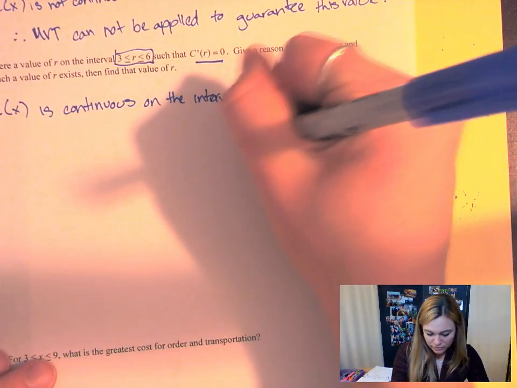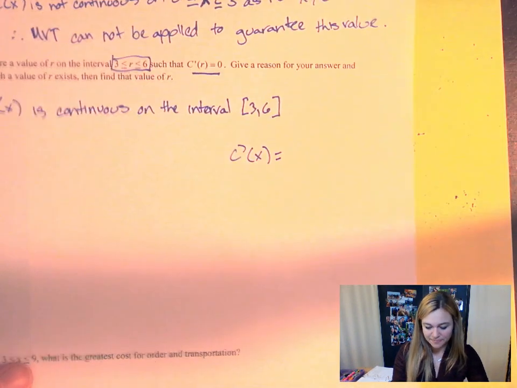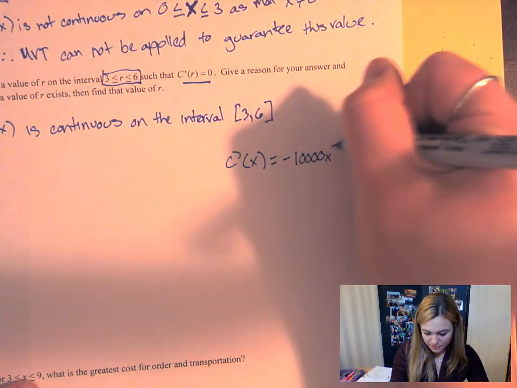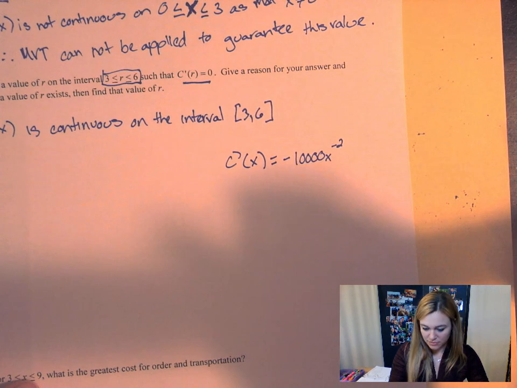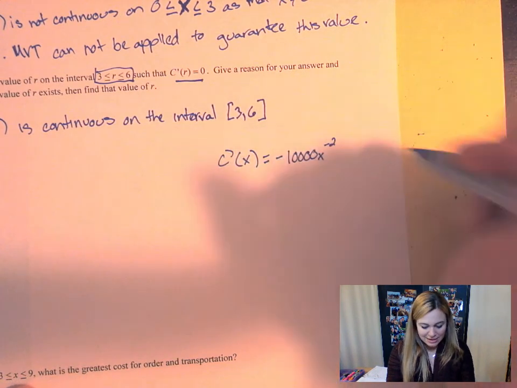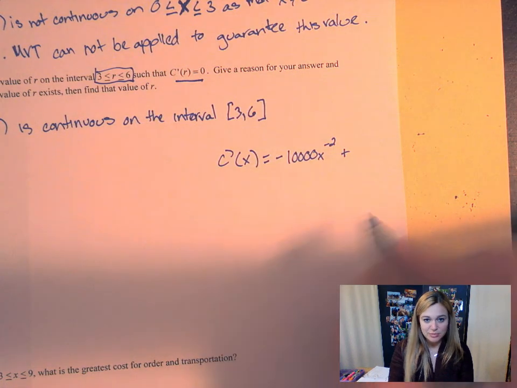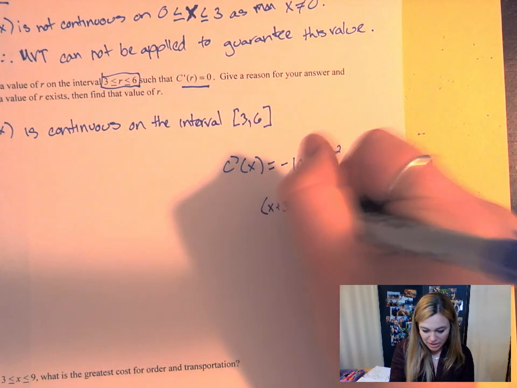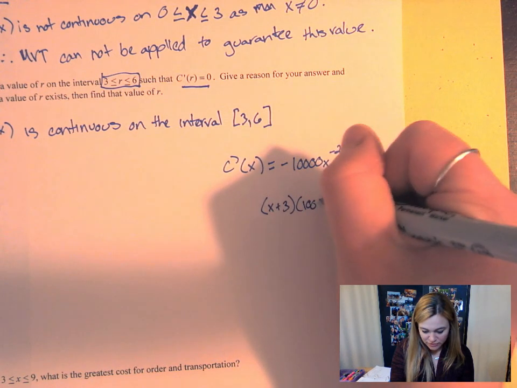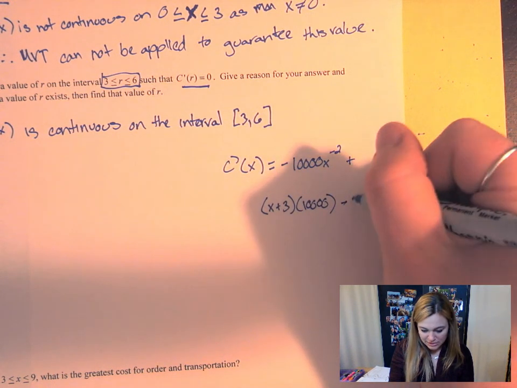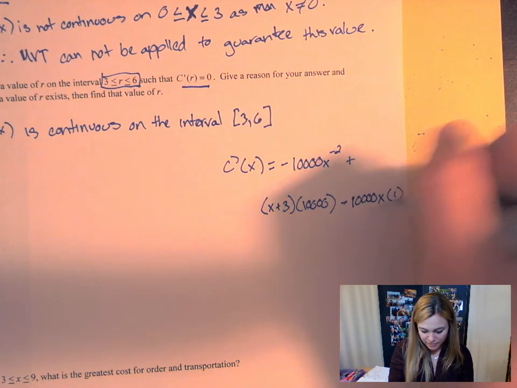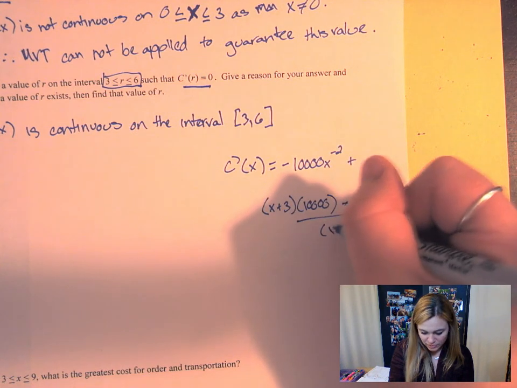Now I'm just trying to figure out, is this differentiable? So somewhere over here, I'm going to find c prime of x. That'd be negative 10,000 x to the negative second. Why did I not give myself very much room? Plus, I'm going to do something that doesn't really look nice, but I'm going to go down here. I'm going to do the quotient rule: bottom times the derivative of the top minus the top times the derivative of the bottom, over the bottom squared.